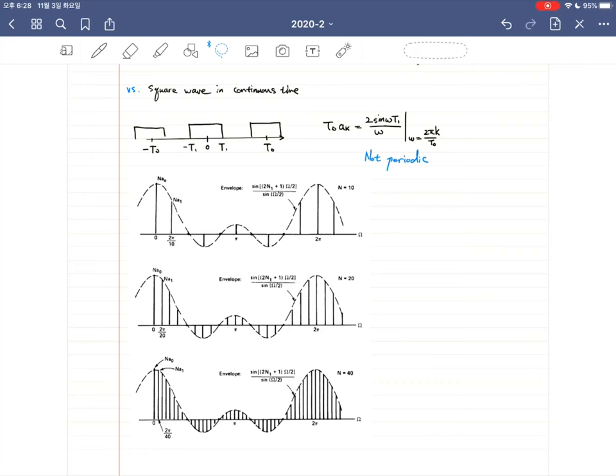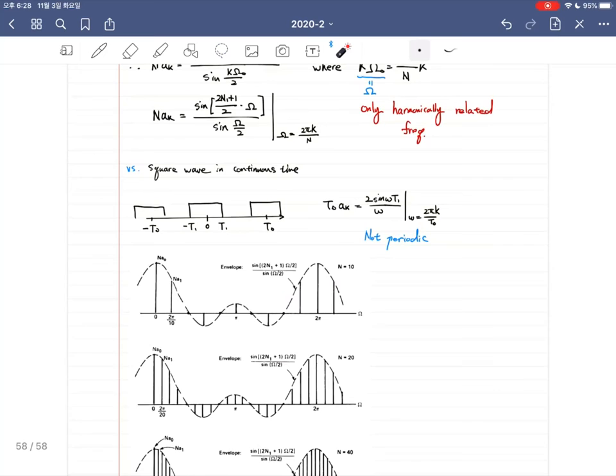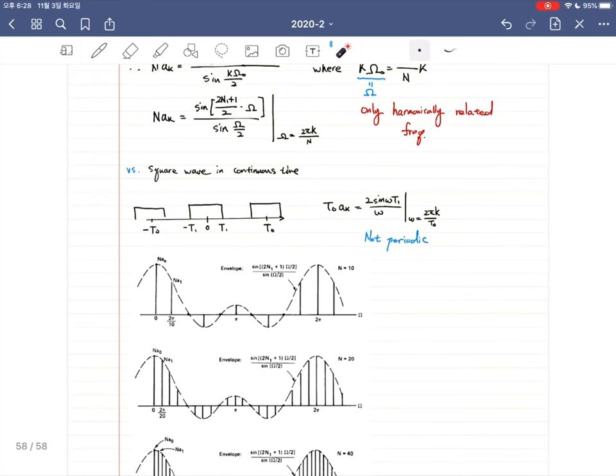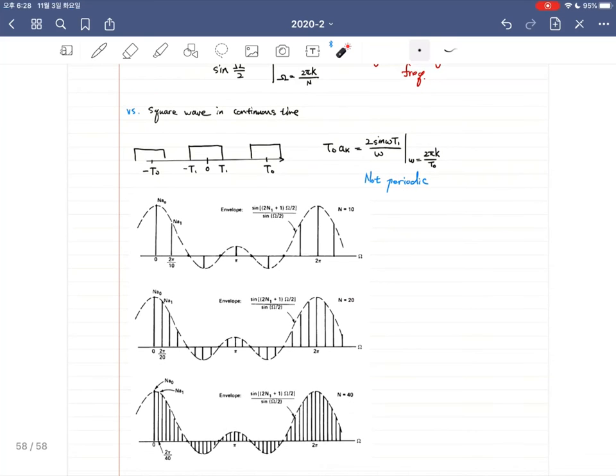Okay, so finally I have it here. If you plot this N times a_k, it goes like this with N equaling 10, 20, and 40.